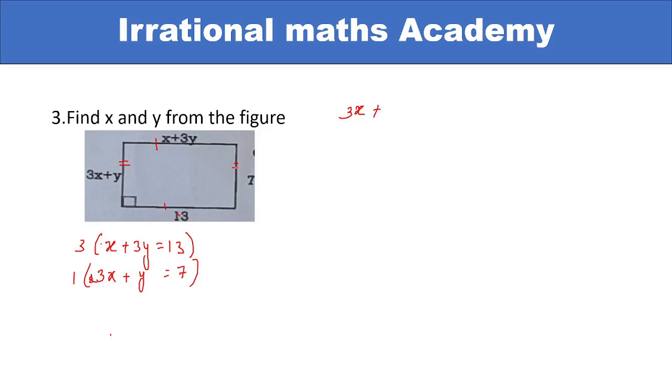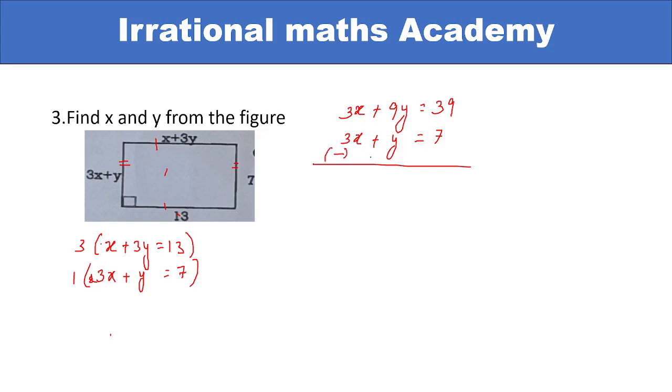So what I'll get here? 3 into x, 3x, 3 into 3y, 9y, and 3 into 13, 39. Here with 1, if you multiply, you'll get the same thing, that is 3x plus y equal to 7. Now this equation I'll multiply with minus.